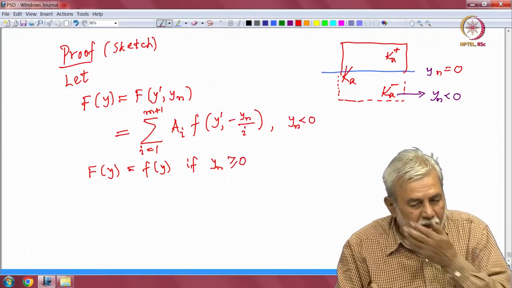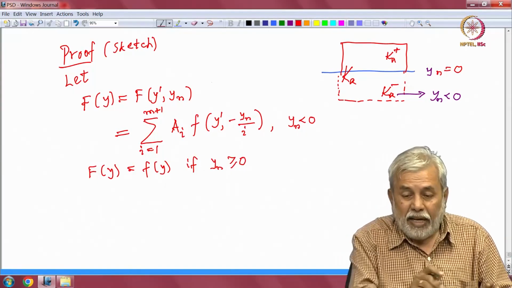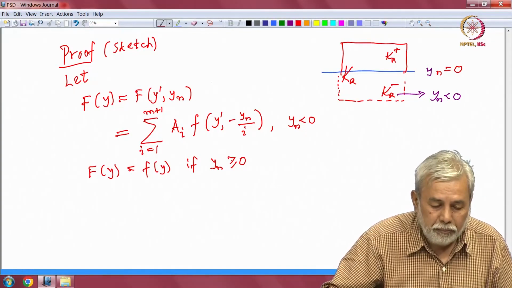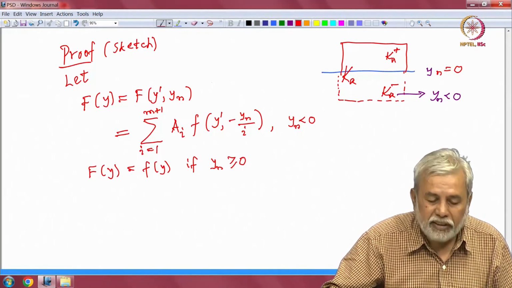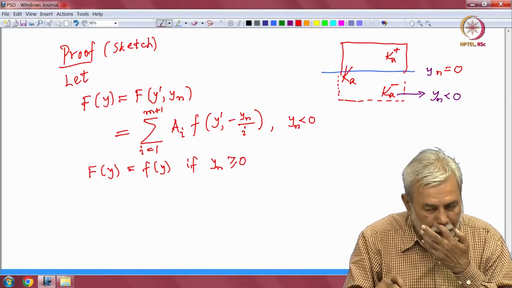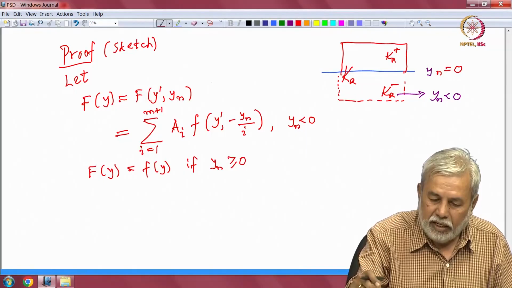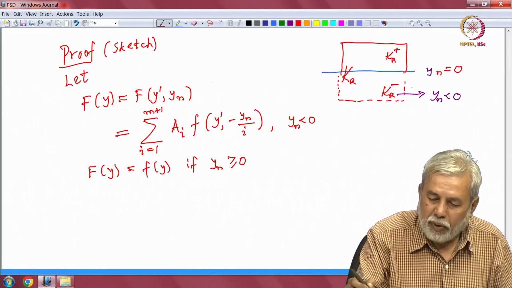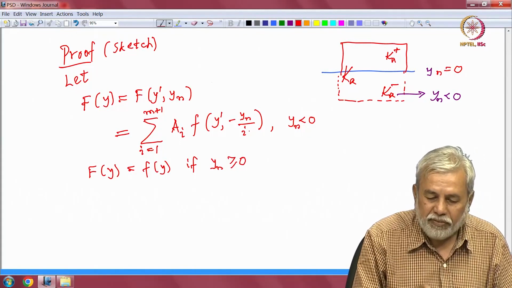Okay, so in this way we are at least making an extension of the given function little f to this Ω. Okay, so for y_n non-negative it is the same as f(y), and for y_n negative we are making this definition.